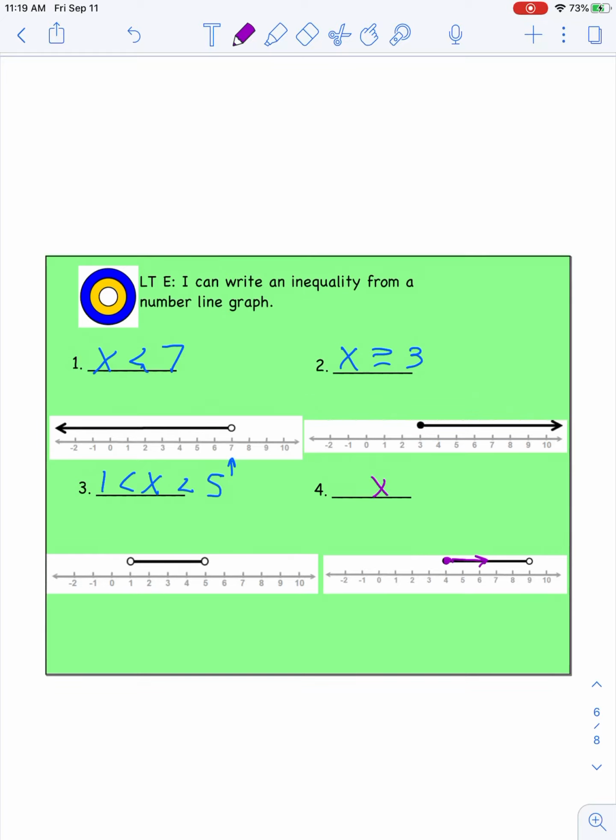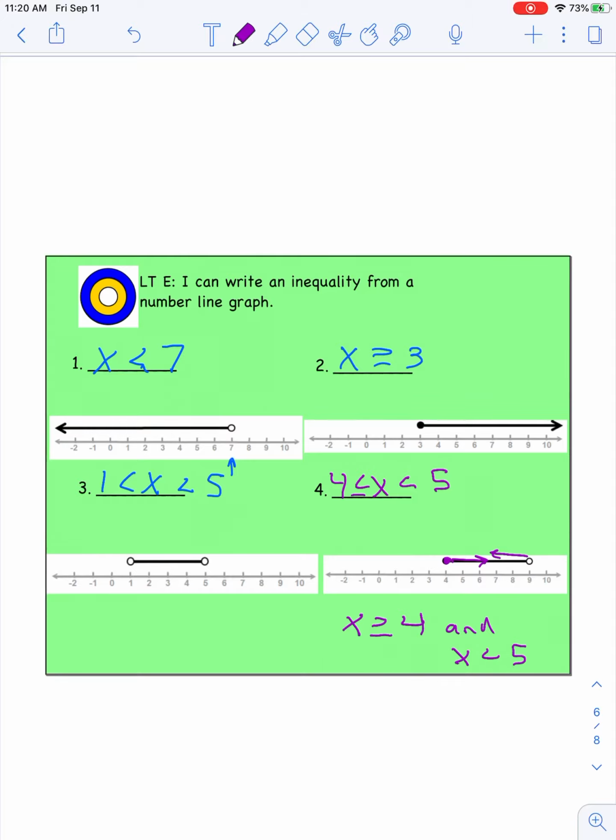So x is going to be greater than or equal to 4. But x is also smaller than 5, so x is less than 5. Now you could actually write this as two different statements. X is greater than or equal to 4, and x is less than 5. But we like to put that together.